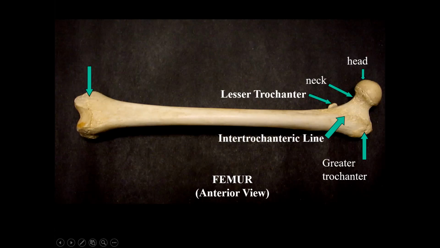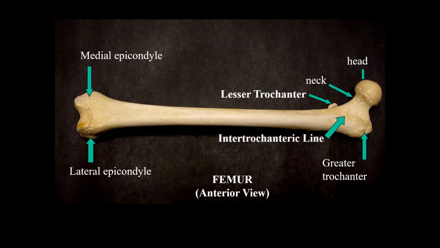Now, at the opposite end of the femur, we have a medial epicondyle, just like we did before. It's on the same side as the head. That means the bulge out here on the other side is the lateral epicondyle, right there. The side-to-side bulges are epicondyles, up and down are called condyles. Our femur is going to have both here.